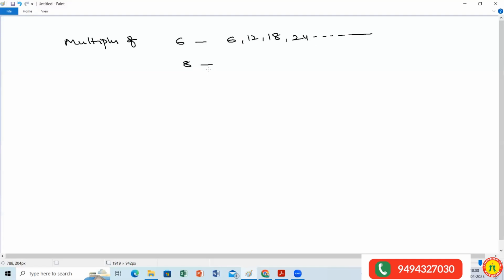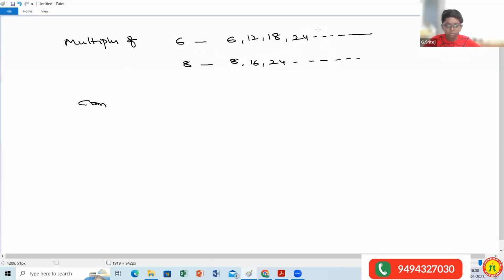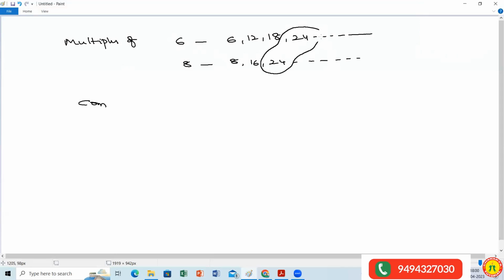Ma'am, I think the question is asking about the factors. No, it's multiples. What are the multiples of 8? 8, 16, 24. These are multiples of 6 and 8, right? So which is the common multiple? 24. 24 is the first common multiple.